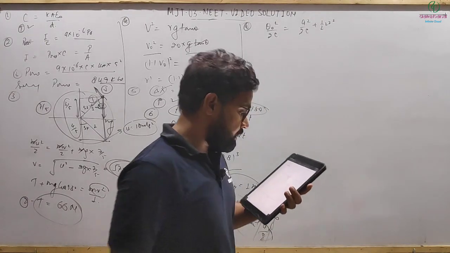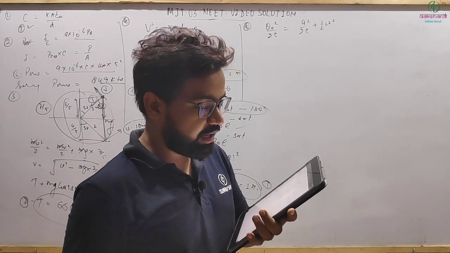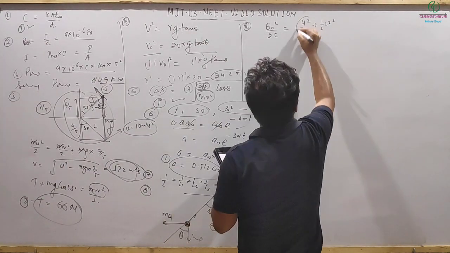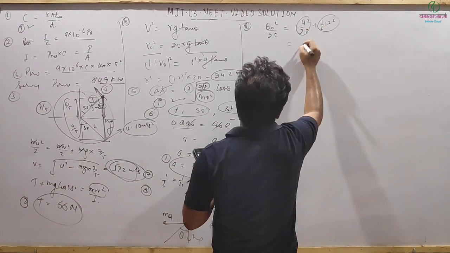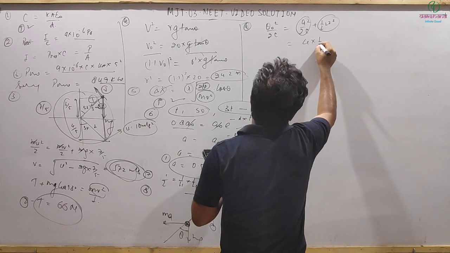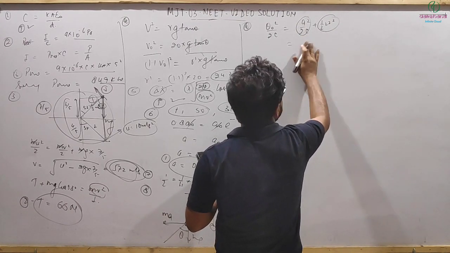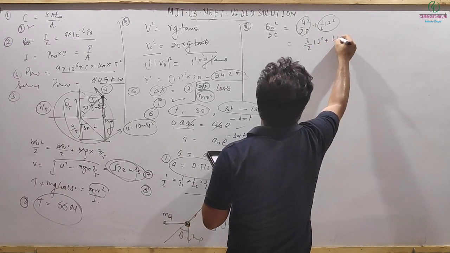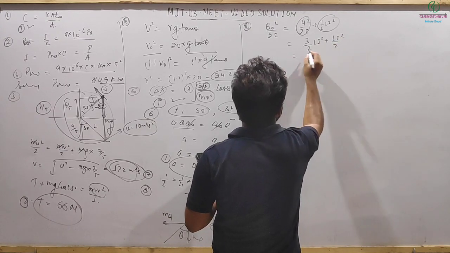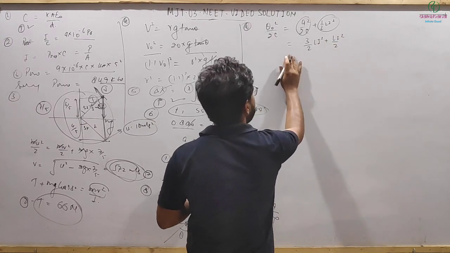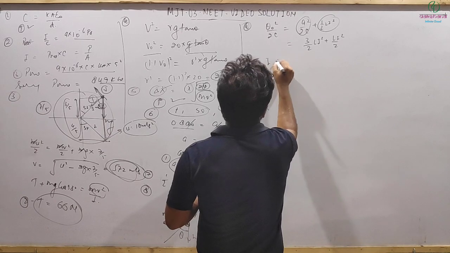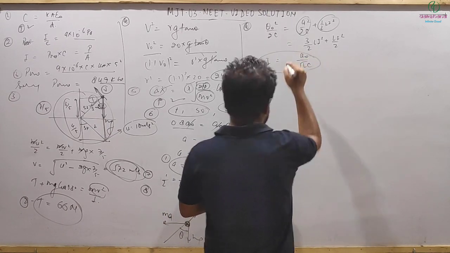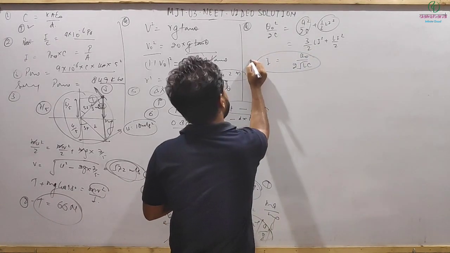Now it's given that the energy in the capacitor is 3 times the energy of the inductor, so this is equal to 3 times this. That's basically 3 by 2 Li square plus Li square by 2. It's basically 4, so it's 2. This implies I is equal to Q0 by 2 root LC. That will be the current. That's matching with option number 1.